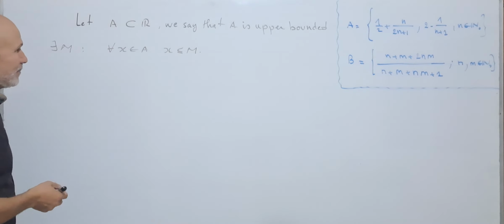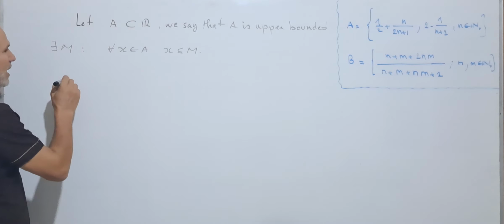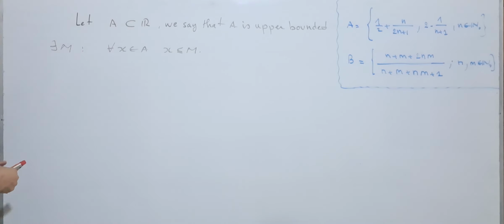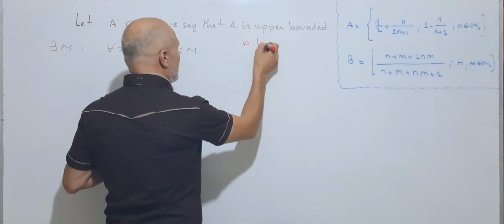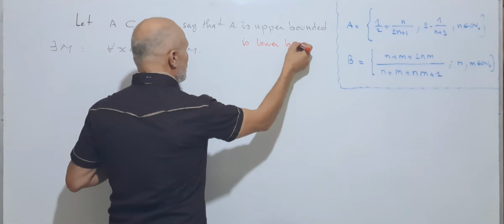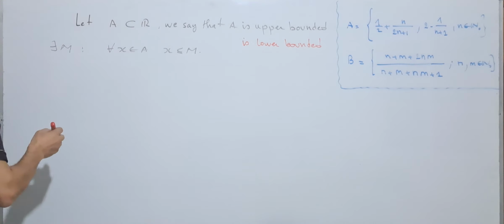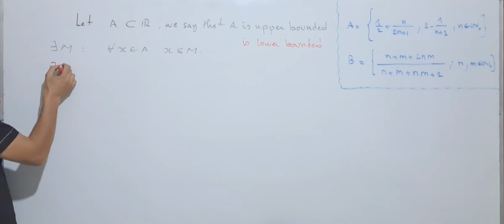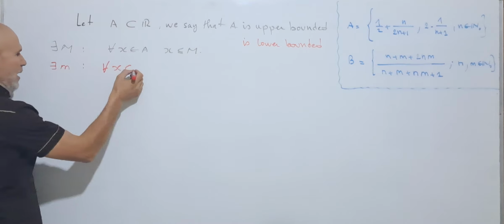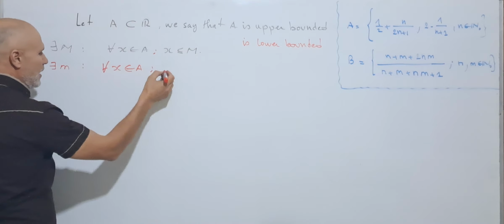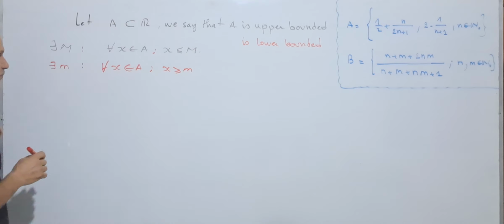By symmetry, we say that A is lower bounded if there exists a real number m such that for all x in A, x is greater than or equal to m.